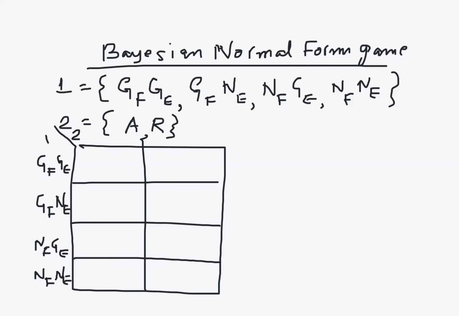So these are the 4 strategies. And for player 2, either accept or reject. So 2 strategies for player 2.